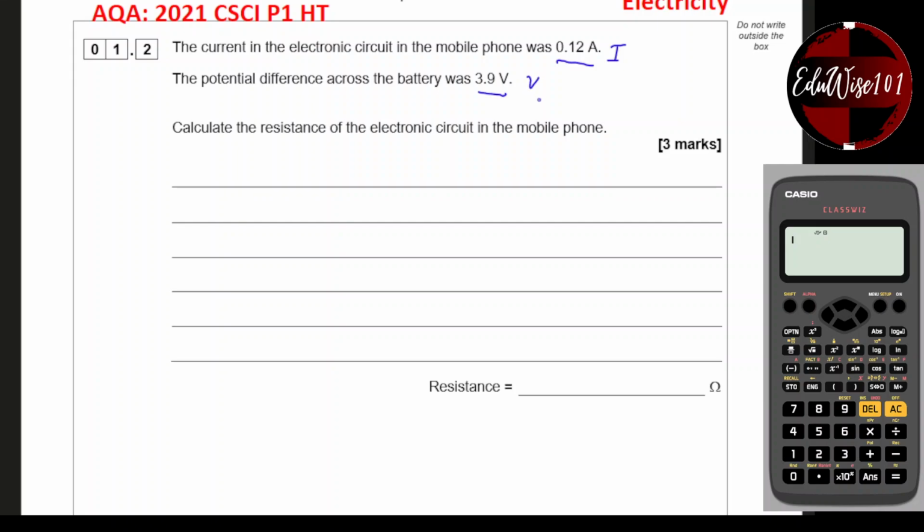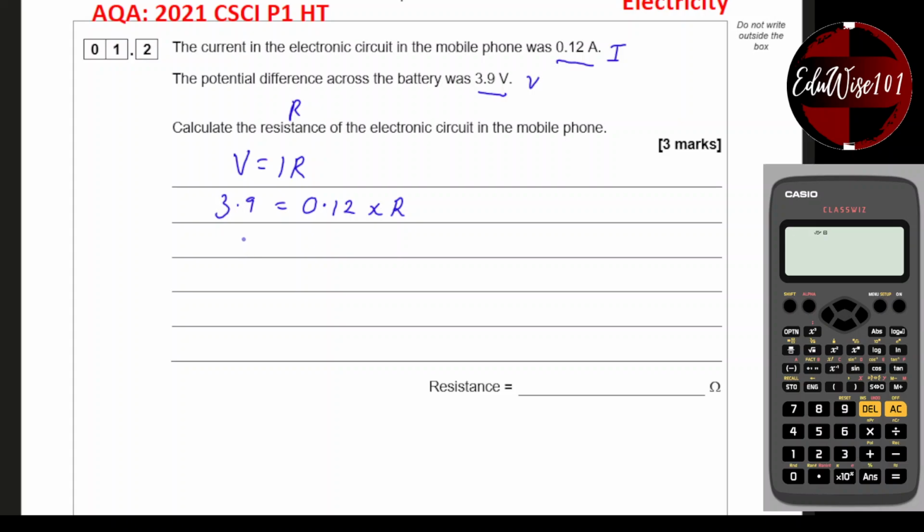That's the V. Calculate the resistance, which is R, of the electronic circuit in the mobile phone. So using the equation that we've just stated, V equals IR. The potential difference is 3.9 equals the current, 0.12, multiplied by the resistance.